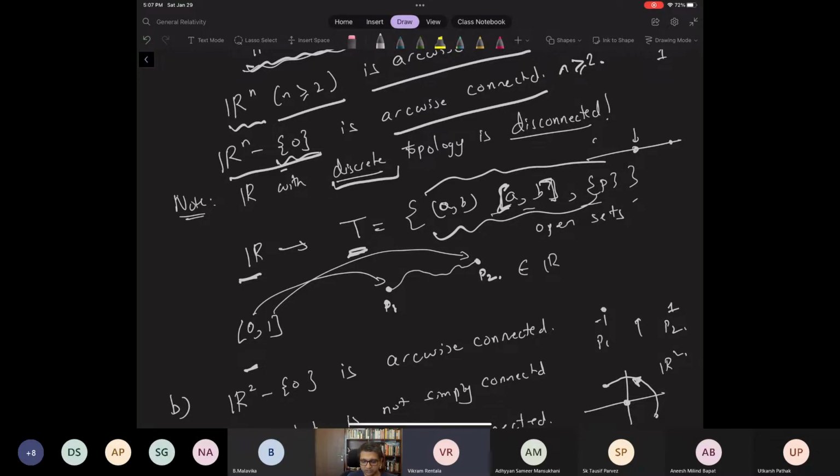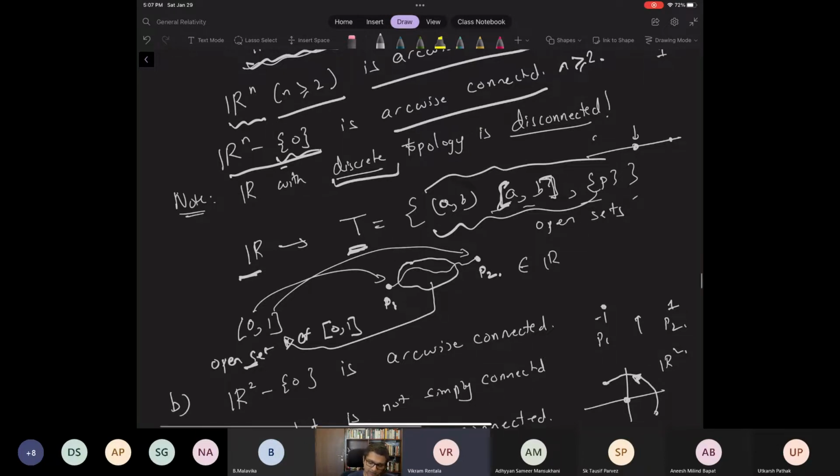What do we mean by a continuous map? What we mean by a continuous map is that the inverse image of this map is an open set of [0, 1].